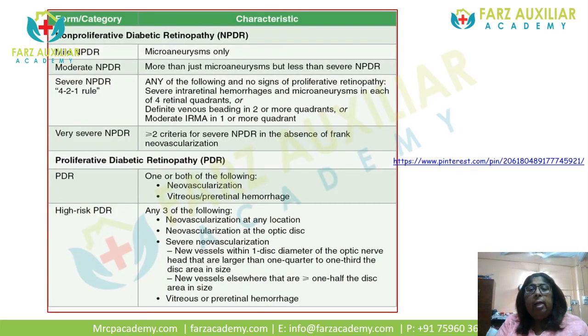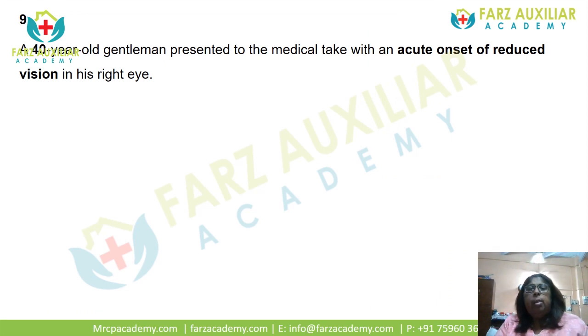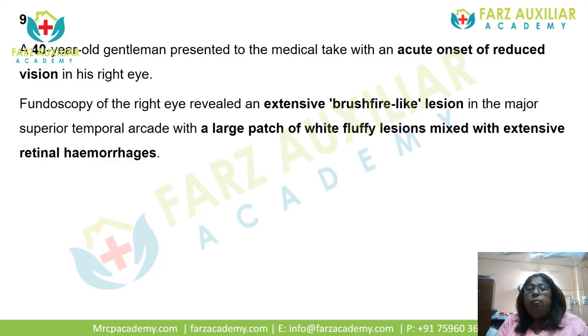Number 9. A 40-year-old gentleman presented to the medical take with an acute onset of reduced vision in his right eye. Fundoscopy of the right eye revealed an extensive brush fire-like lesion in the major superior temporal arcade with a large patch of white fluffy lesions mixed with extensive retinal hemorrhages.